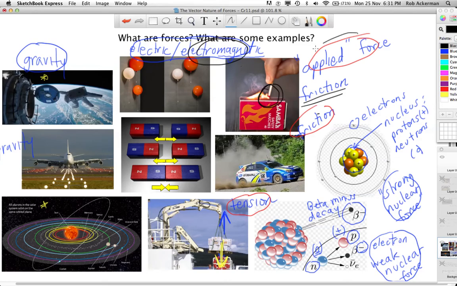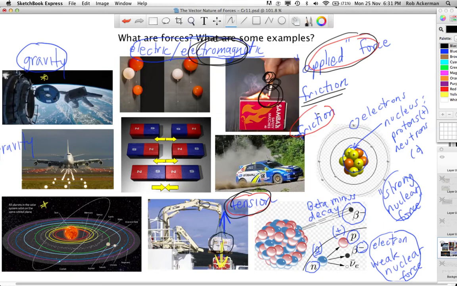For that matter, the applied force, when you touch the match and push it, the same sort of thing is going on. Your fingers are touching the match. Fingers and skin, the atoms and molecules in there, are touching wood. The same sort of thing that allows the friction to occur in the first place is occurring in this situation. Once again, it's electromagnetic. Here's another one, tension. What allows the chain to pull up the load that we see over here?